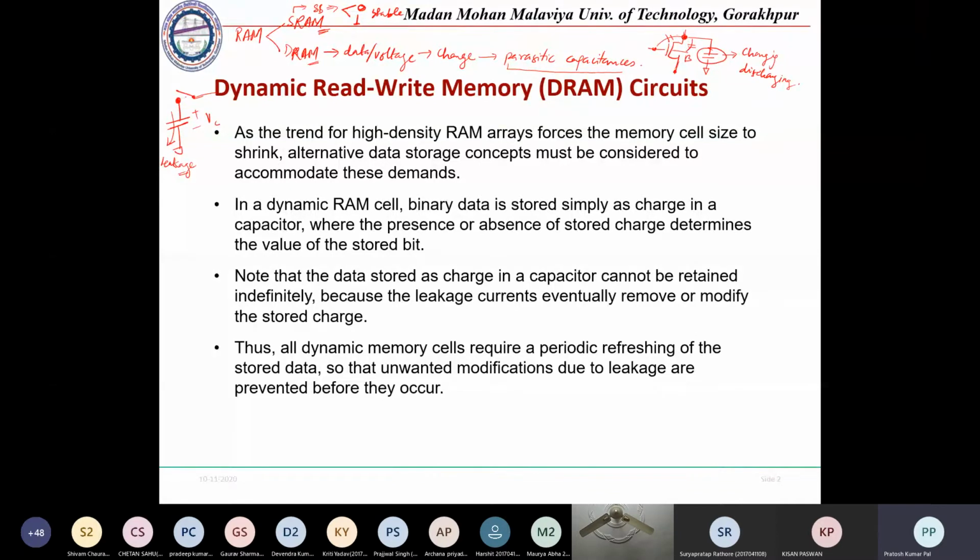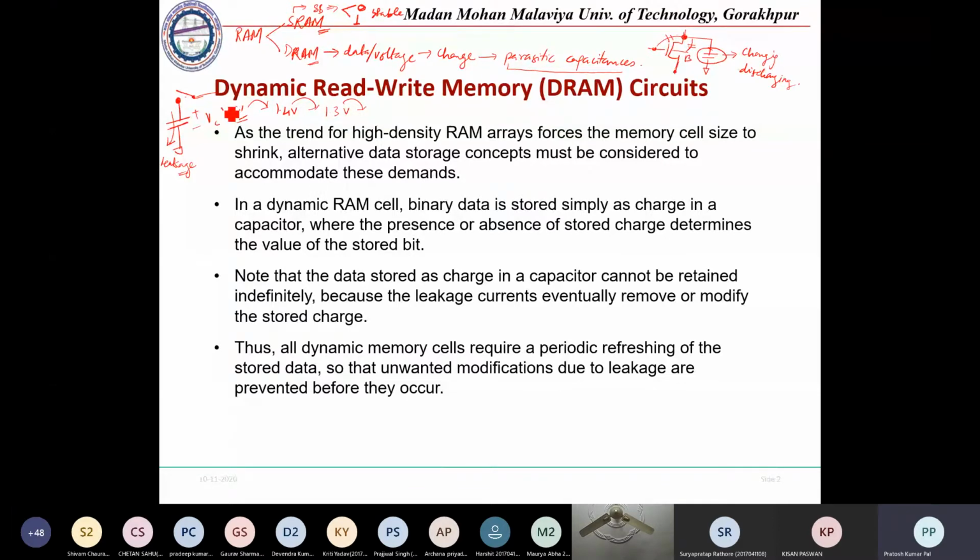Suppose you have stored 1.5 volt; after suppose 1 hour this reduces to 1.4 volt, then again it reduces to 1.3, and so on. So this value will be reduced.